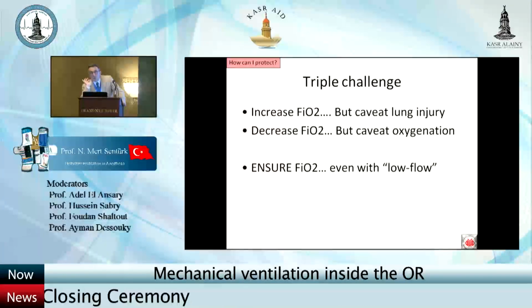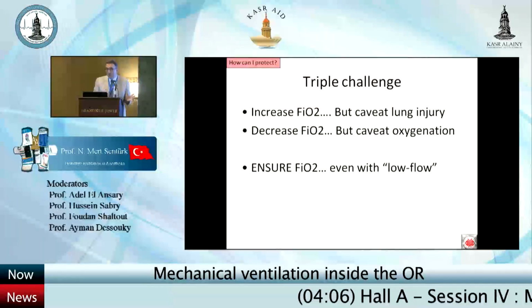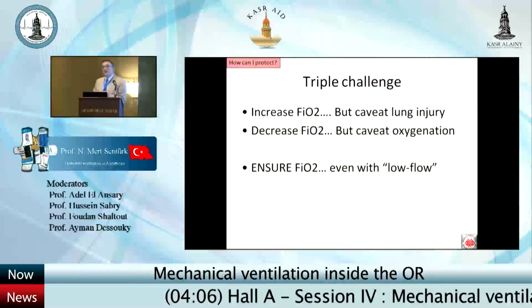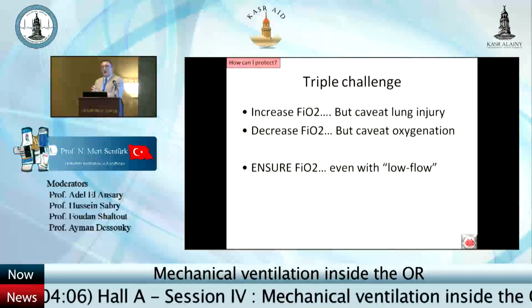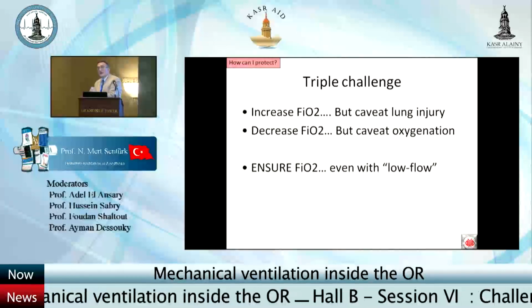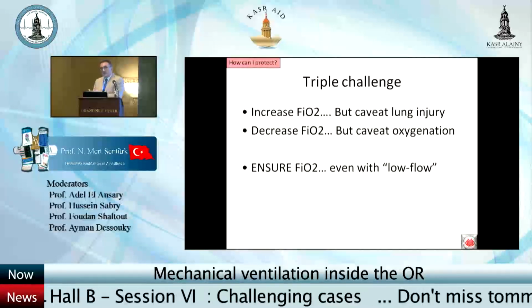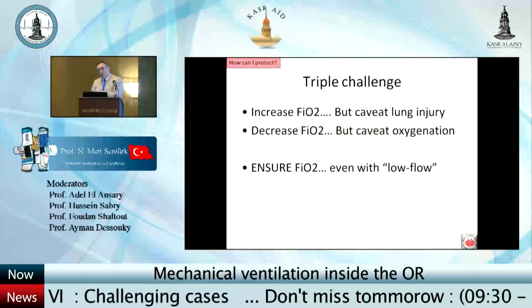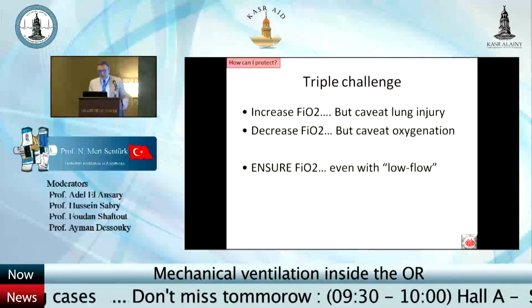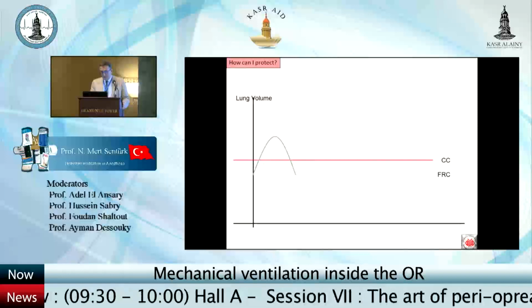And we have to do all of this while also permitting low flow anesthesia, because if you have an unreliable anesthesia machine, low flow anesthesia can lead to a decreased supply of oxygen by the anesthesia machine. Therefore, we have a triple challenge regarding the FiO2.